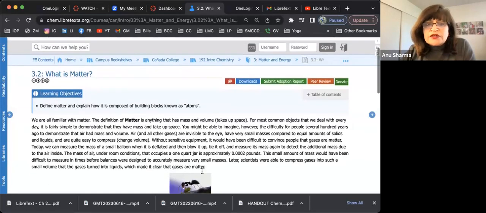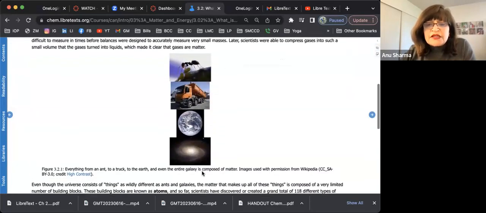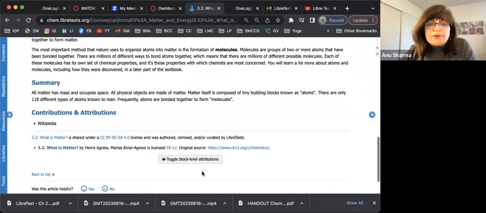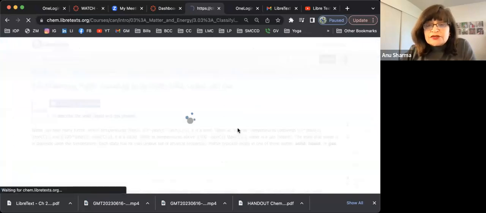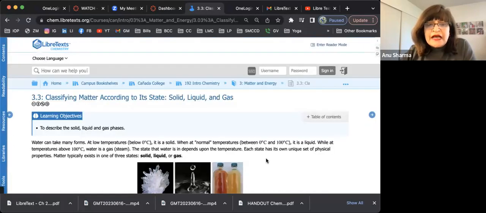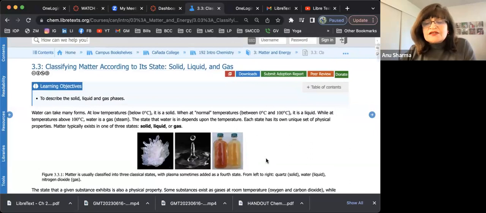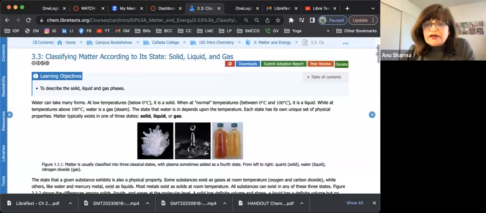We are going to discuss the problems that relate to the three states of matter: solid, liquid, and gas. As we know, matter is anything that has mass and occupies space. Solids have a definite shape and a definite volume. Liquids take the shape of the container and have a definite volume, but gases have an indefinite volume and take the shape of the container as well.